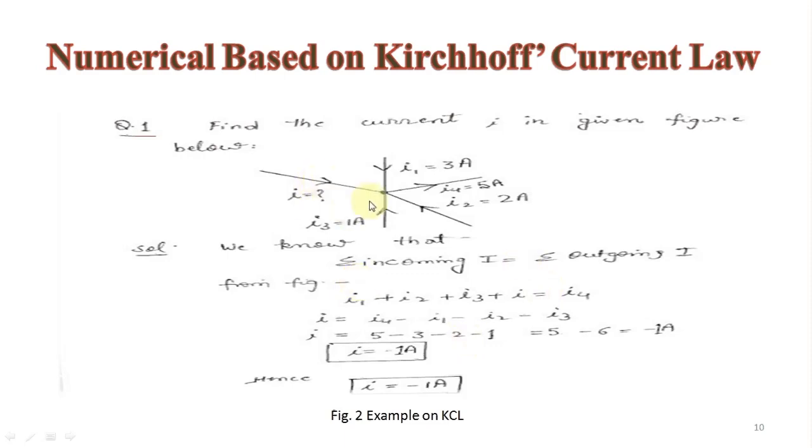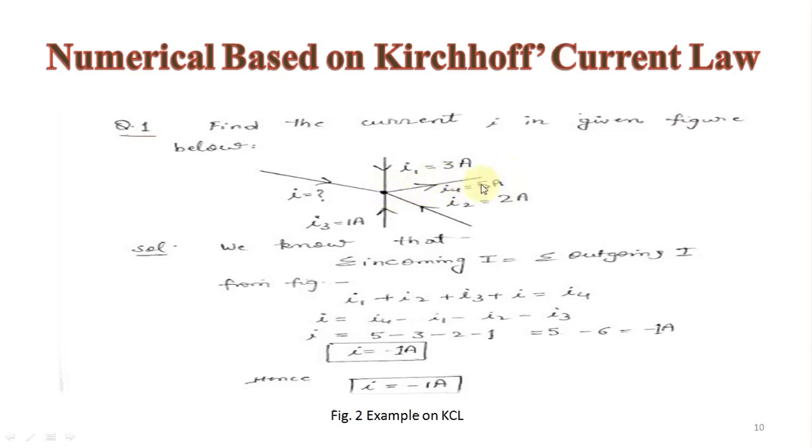As I have current towards the node, we may write I plus I1, since current I1 is towards the node, plus I2 plus I3, and current I4 has sign convention minus I4 because it leaves the node, the direction is opposite.